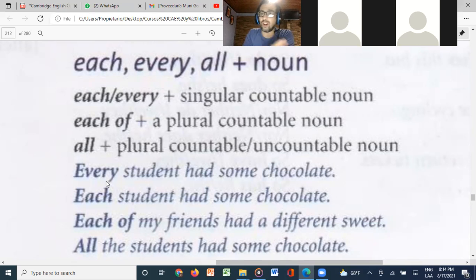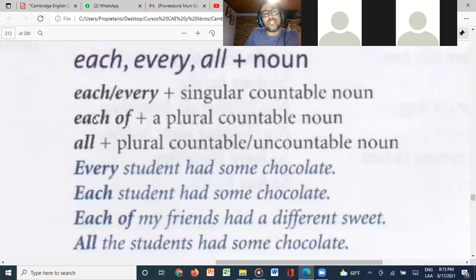Every and each are the same. Every student, cada estudiante, is the same as each. You can say each person had the vaccine, cada persona, or every person got the vaccine. In this case, the same.